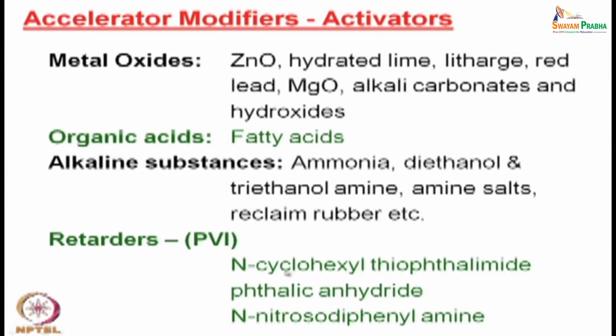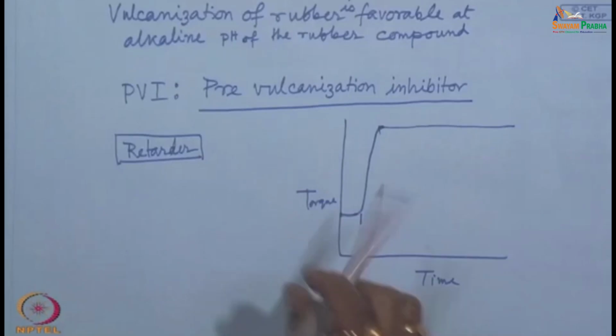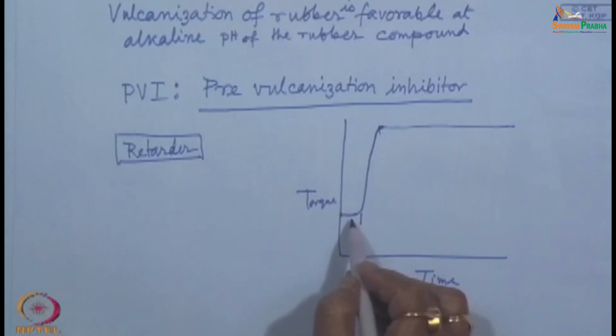So acidic compounds, this phthalimide type of compound, or nitrosodiphenylamine are used as retarders along with very fast accelerators. Even if fast accelerators are used, if these PVI compounds are present, they will prevent the vulcanization reaction from occurring during the compounding and fabrication period.